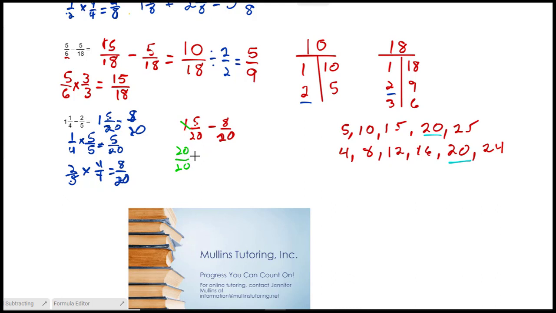So we have 20/20 plus 5/20, which is going to give us 25/20. And then now that we have this 25/20, we can subtract 8/20. And that will give us 17/20.